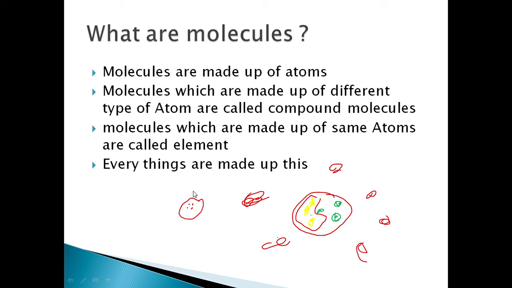But I am telling you about this also: if you increase the number of electrons here, it will still be the same atom, but it will be a clone of the real atom, and these clones are known as isotopes.